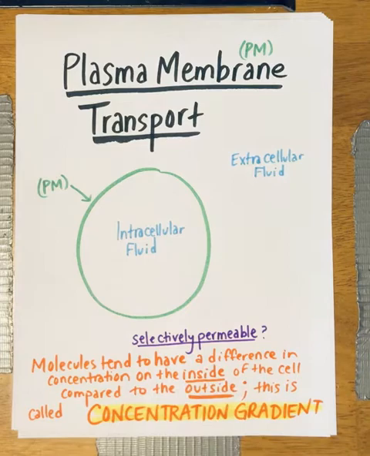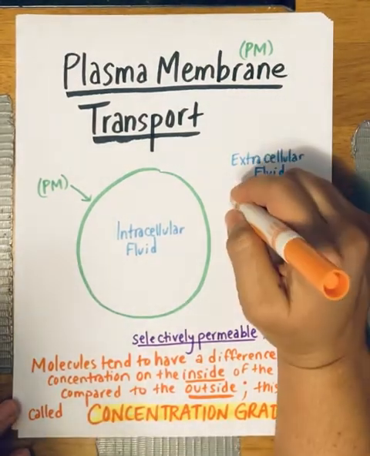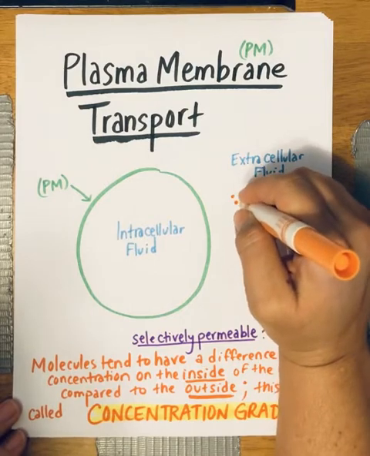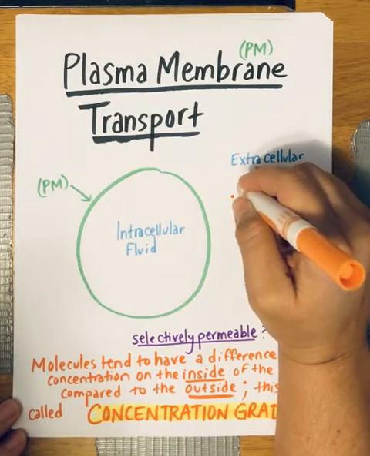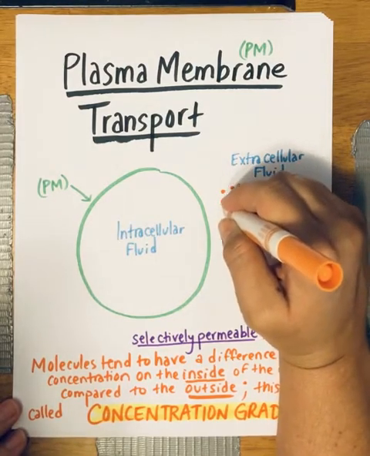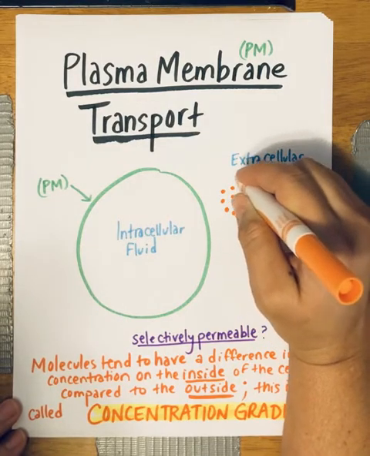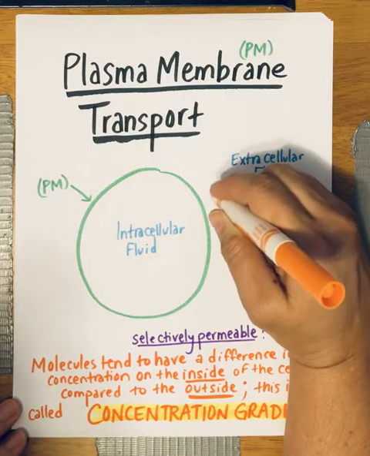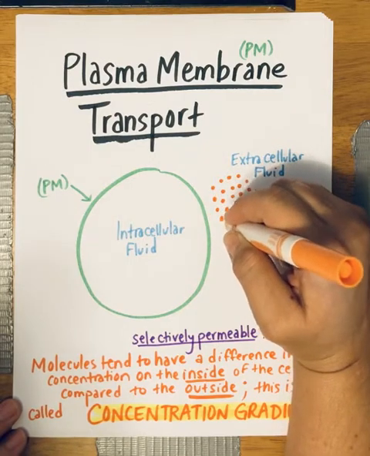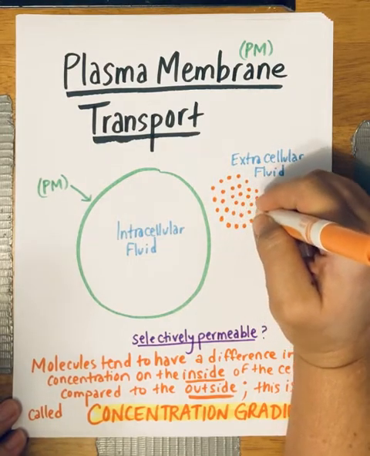Alright, so I'm going to show y'all some concentration gradient differences. When you look at the outside of the cell, you can draw a lot of dots to represent a number of molecules that are dissolved inside of the extracellular fluid. So molecules are dissolved in the fluid.